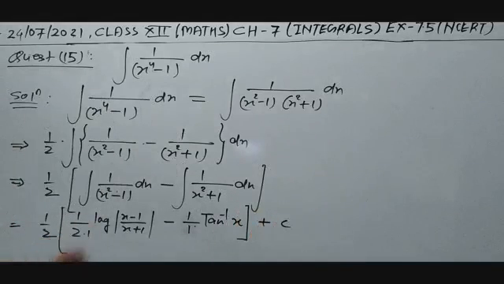So when you multiply by 1 by 2, what will you get? 1 by 2 will be 1 by 4, and minus 1 by 2 tan inverse x plus c.